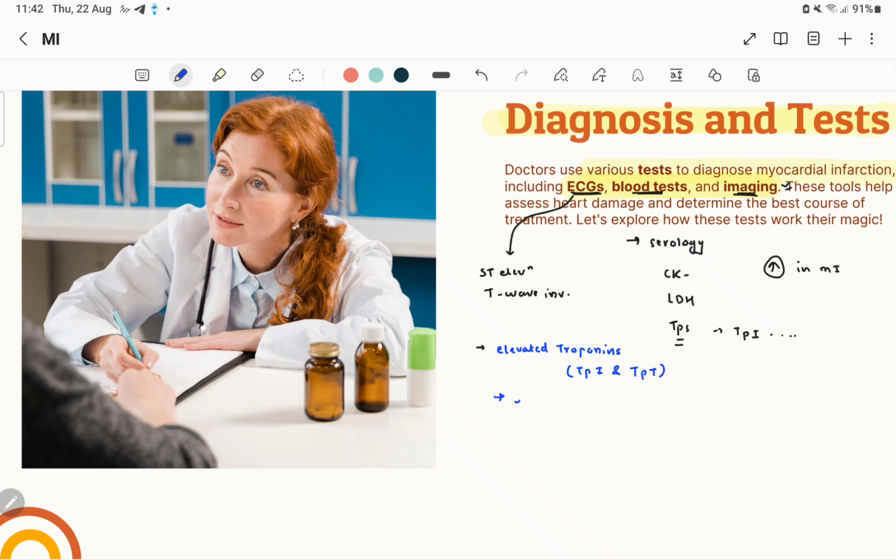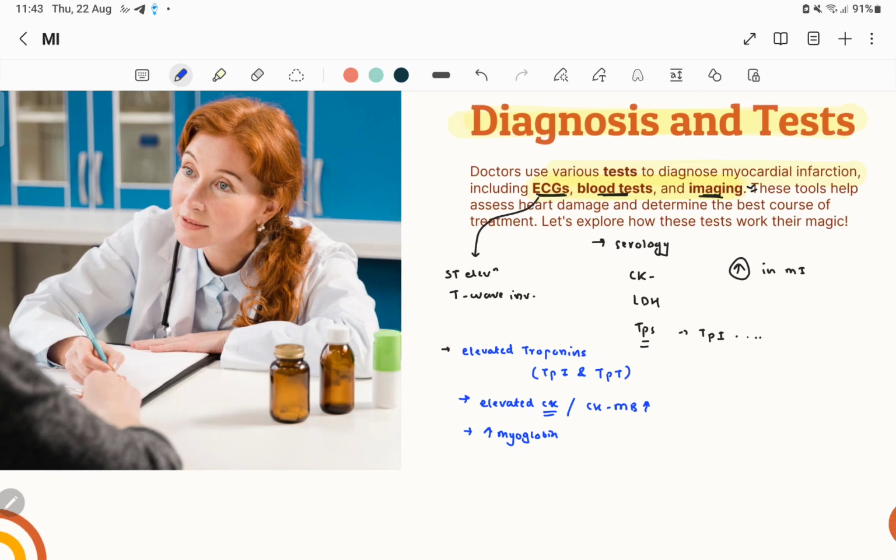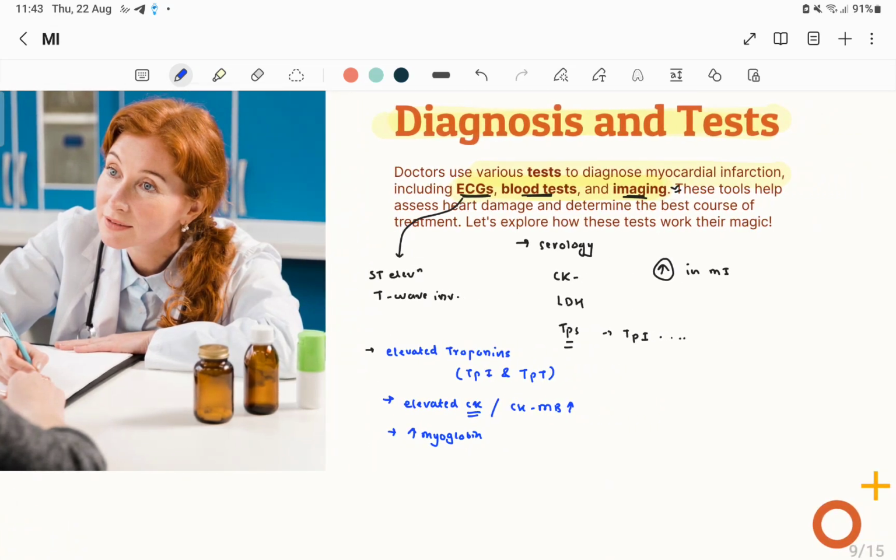You can write elevated CK, that is creatine kinase, or CKMB, that CKMB will be elevated, and myoglobin. These are the cardiac biomarkers. And ECG change, there will be an ST elevation, or there may be depression only. You can just write ST elevation, right?